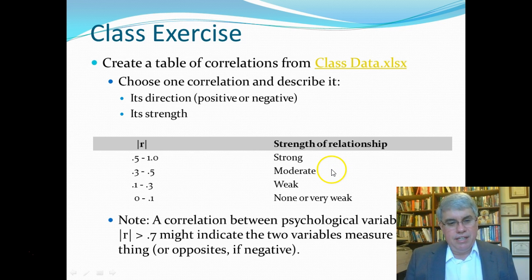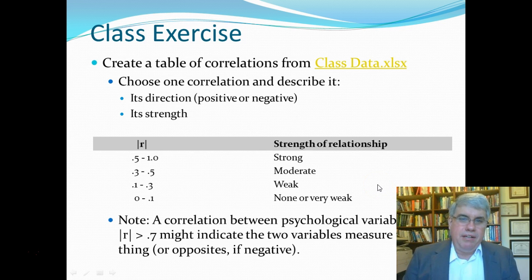And in psychology, it's pretty rare to get strong correlations, and it's not too common to get moderate relationships, but it's fairly common to get weak relationships between 0.1 and 0.3. Or sometimes I prefer to say between 0.15 and 0.3, because below 0.15, it's pretty weak or no relationship at all. You can't really tell from one variable how it would be influenced by another when it's that weak.